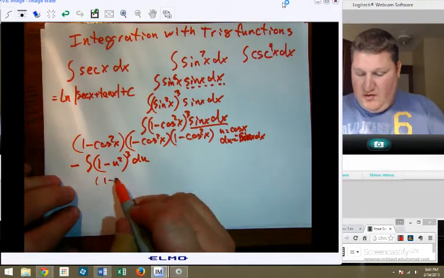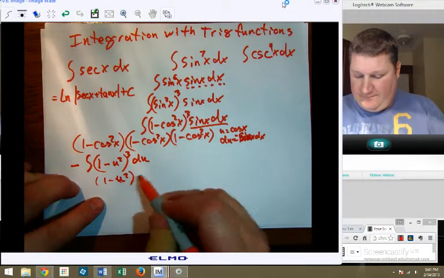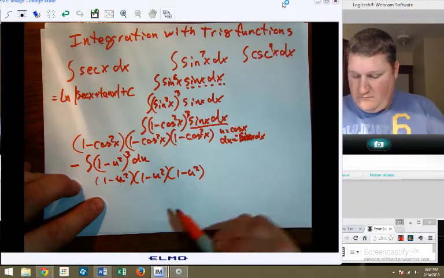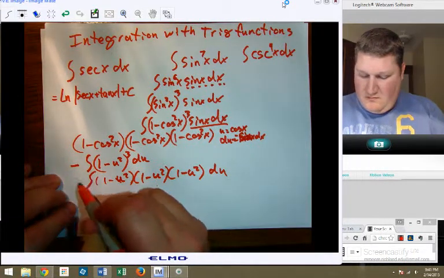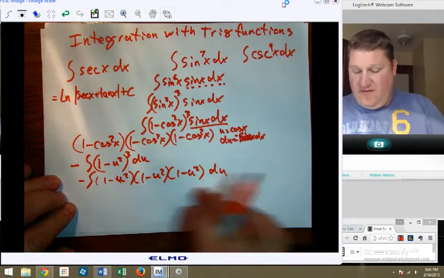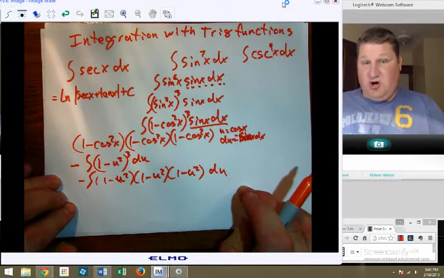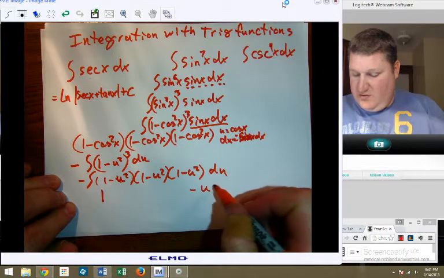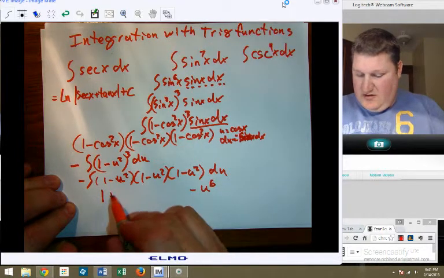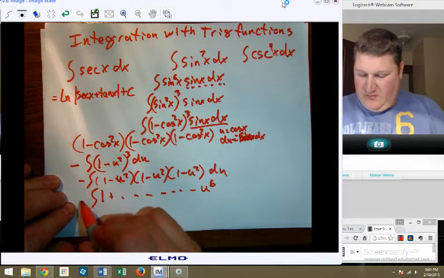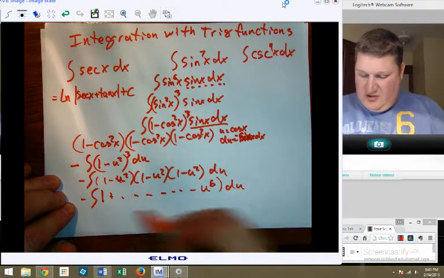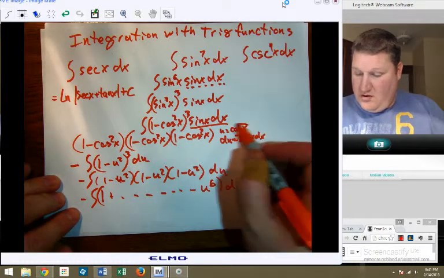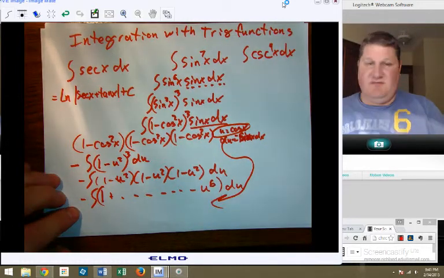So when you FOIL this out, it'll be fairly easy to integrate each of the individual terms because you'll have everything from 1 to negative u to the 6th with everything else in between, and you will simply integrate each of those pieces individually, and when you get your answer, you plug your u back in at the bottom.